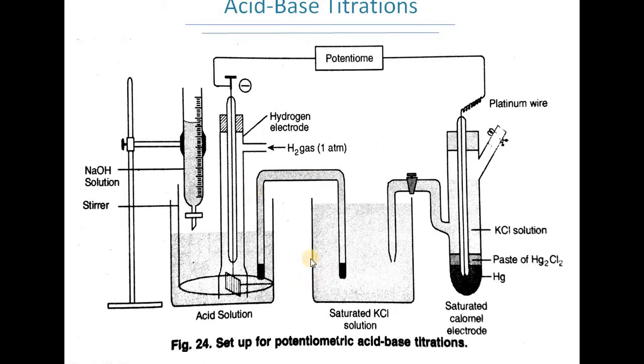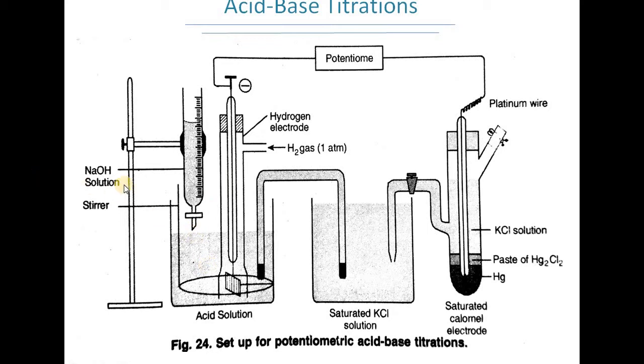So this is the setup for potentiometric acid-base titrations, in which on the left-hand side we have the hydrogen electrode dipped in HCl solution. This is connected to the calomel electrode through a salt bridge, and these two are further connected to a potentiometer. Now the titration is carried out and NaOH solution from the burette is added to this HCl solution in small instalments.